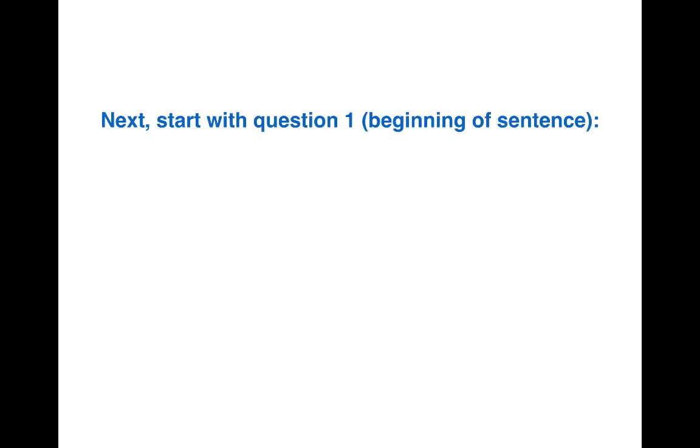What do we do next? Well, next we start with question 1. The questions should be in order in the passage, so if possible, always start with question 1. If it's too difficult, if you don't understand it or you're struggling to find it, you can miss it and go to question 2. But in general, we'll always try to do them in order because the answers should be in order in the passage. So question 1, we've got this beginning of the sentence.